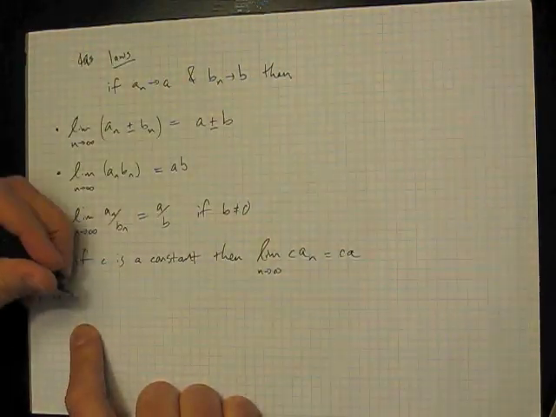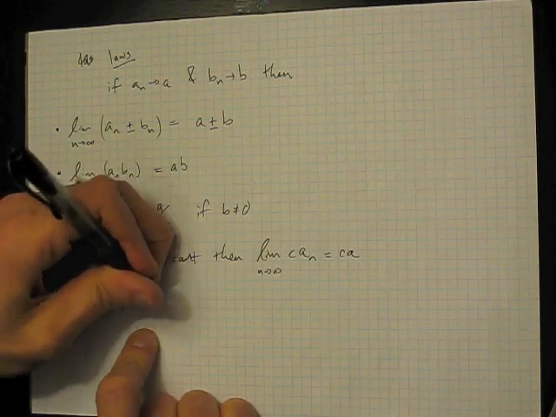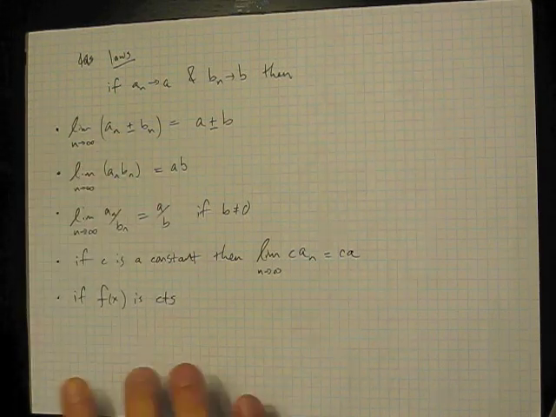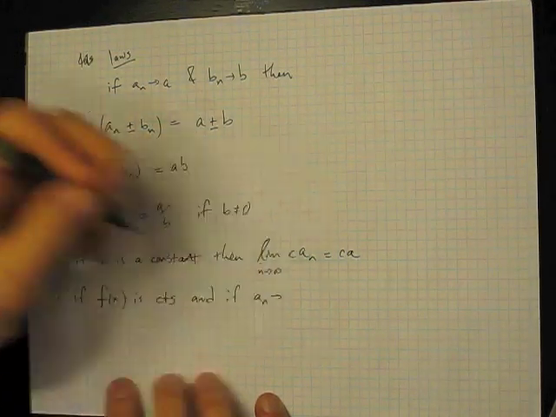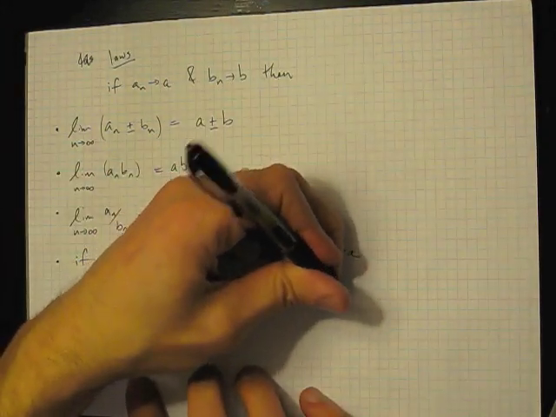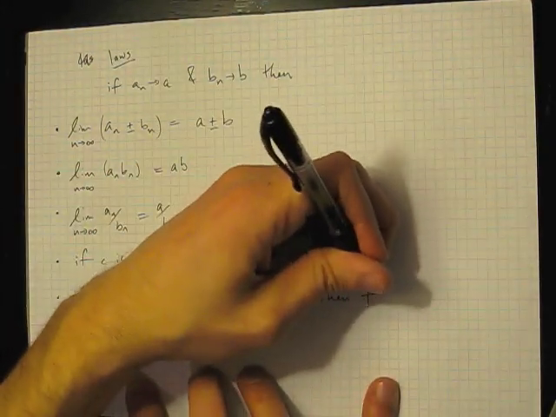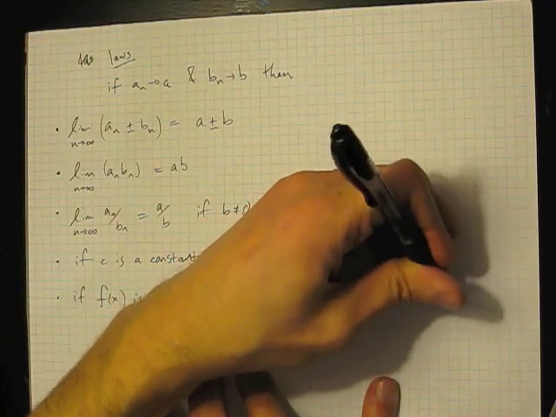And finally, if f of x is a continuous function, and if a sequence takes the limit L, then the sequence f of a_n approaches f of L.